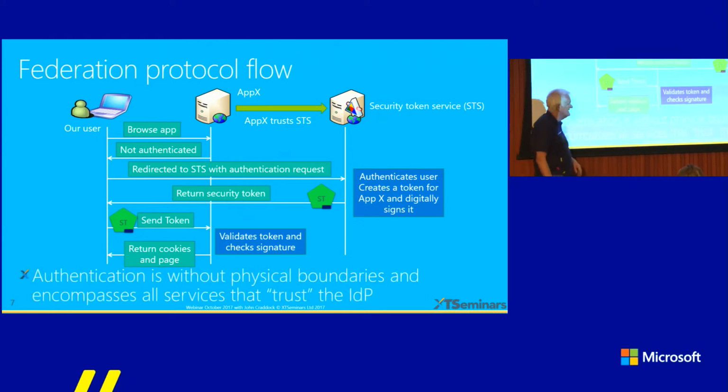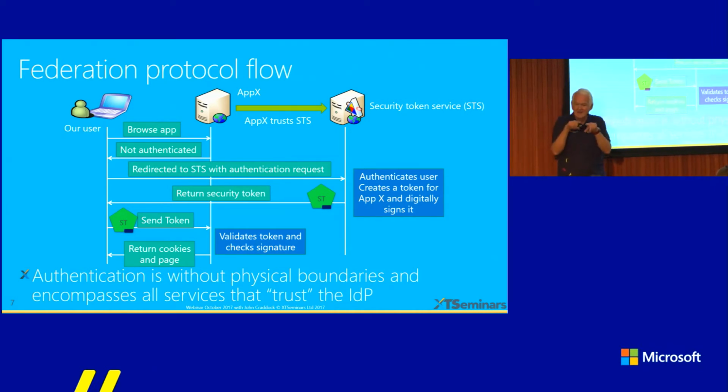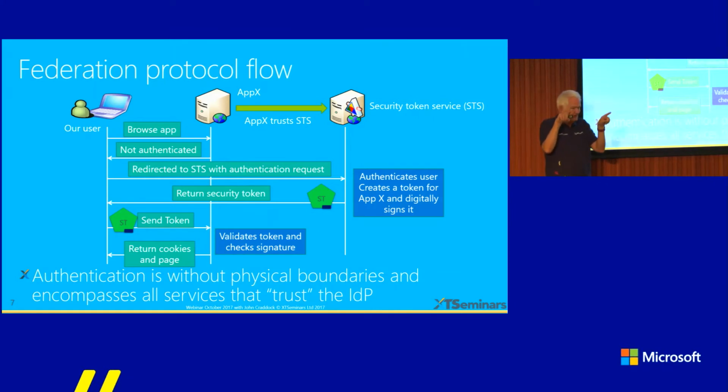So you're no longer in that nice, cozy security boundary of your forest on-prem, and you can trust from any security token service where you've said, okay, I will trust that signature. A token signed by that guy, I trust. And therefore, your boundary actually becomes authentication.